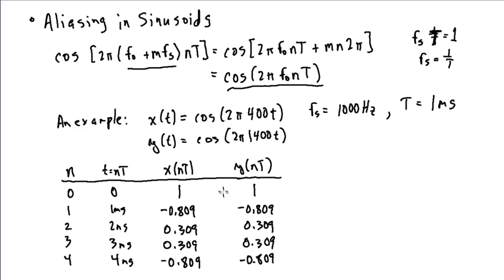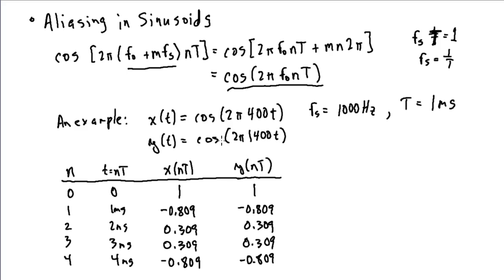And so, looking at just the sample values after sampling x of t and y of t, the sample values are identical. I can't tell whether I've sampled this continuous time signal that originally had a frequency of 1400 hertz, or whether I sampled a continuous time signal that had a 400 hertz frequency.